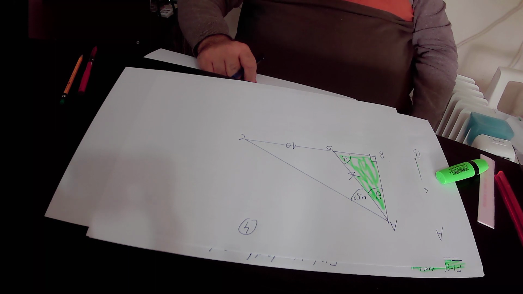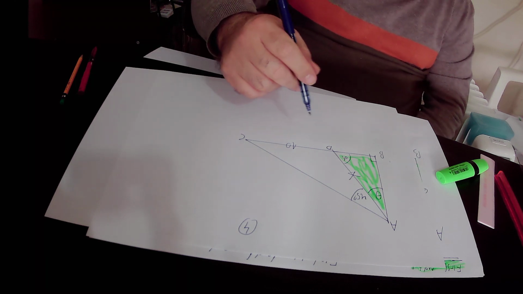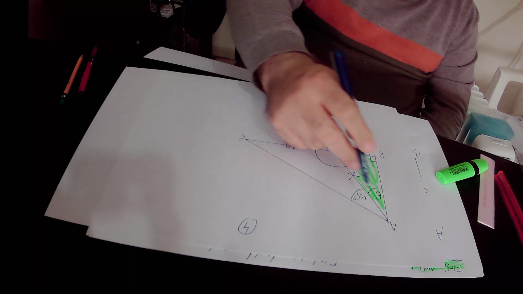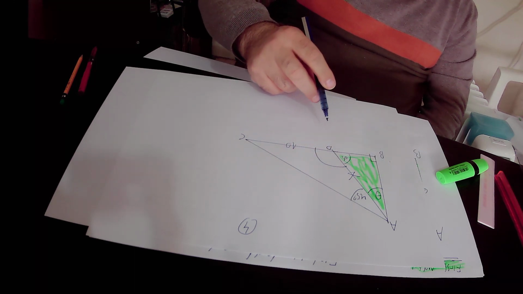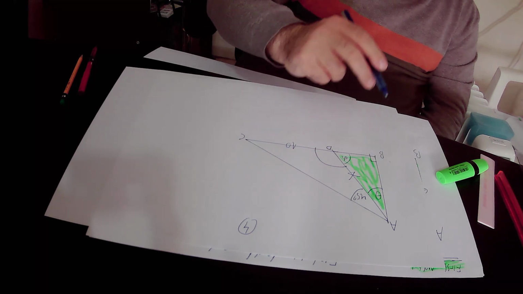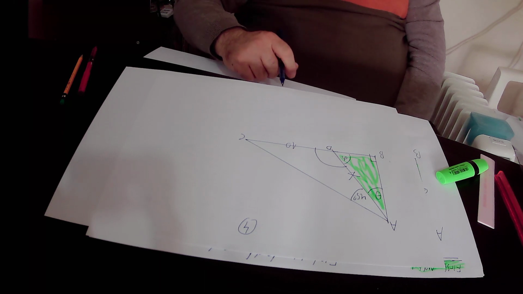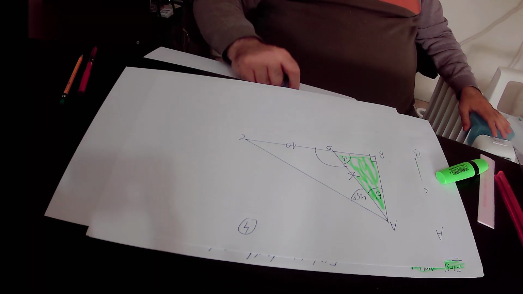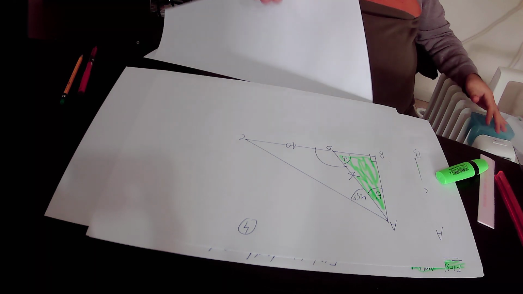And we also have here in the drawing the exterior angle ADC. So actually angle ADC, this angle, is an exterior angle of triangle ABD. Okay, I write it down.